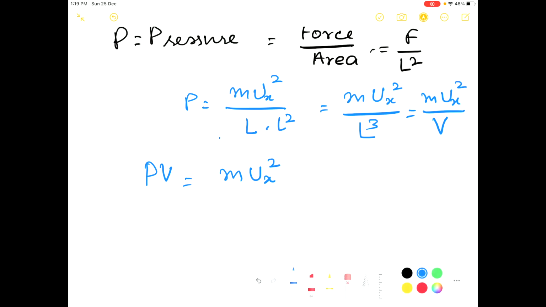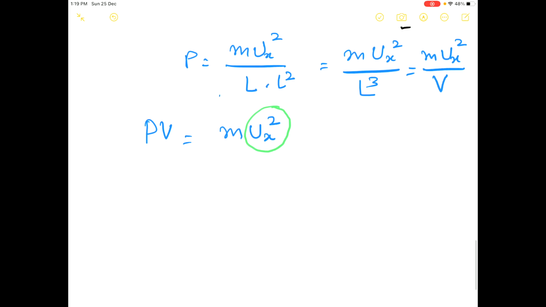Now let us see what happens next. We have taken the velocity of one molecule along one axis, only the x-axis. So we have to calculate the root mean square velocity: c square is equal to ux square plus uy square plus uz square.